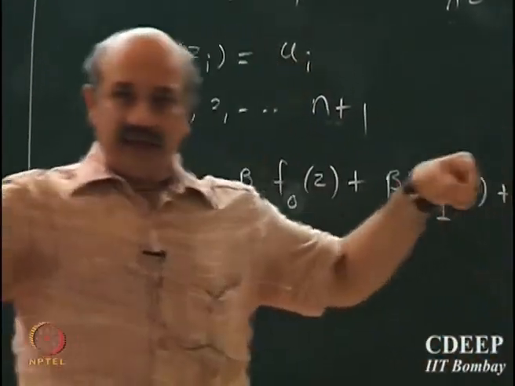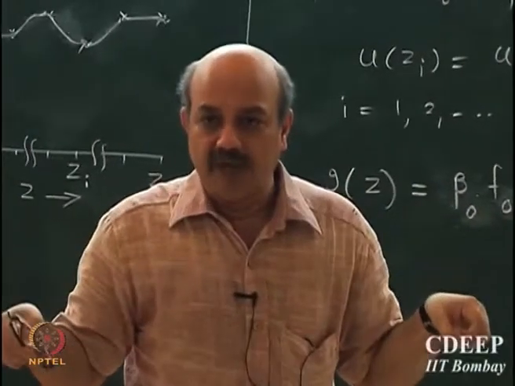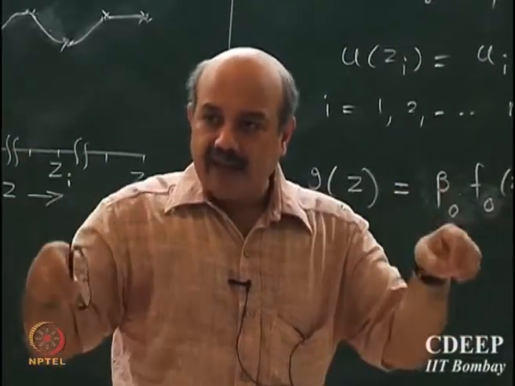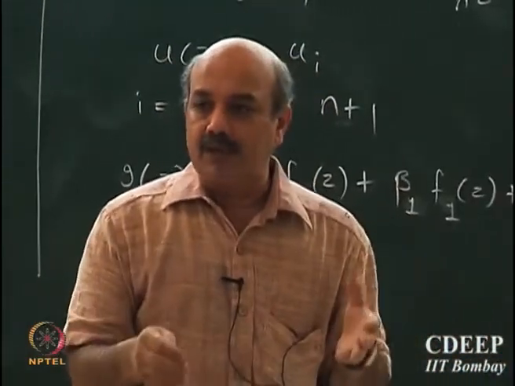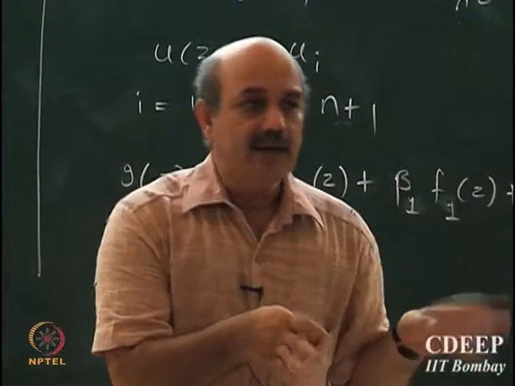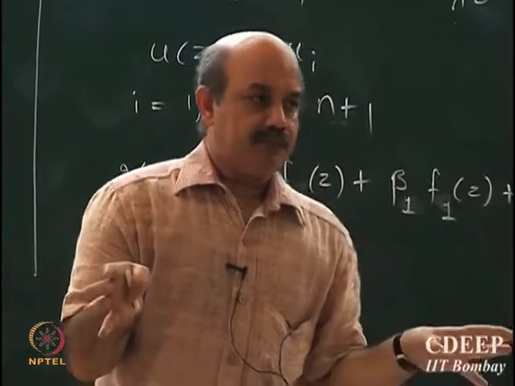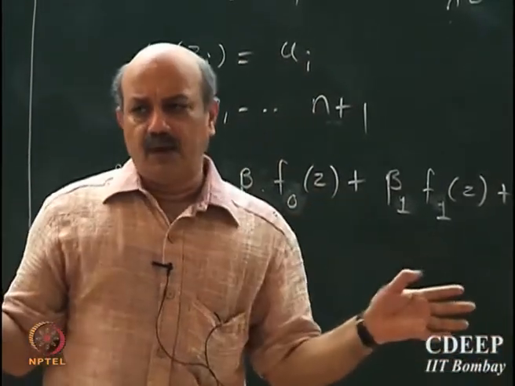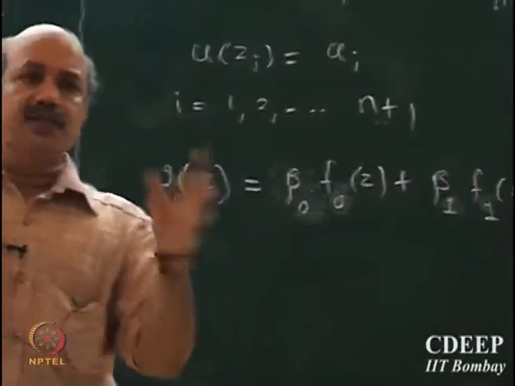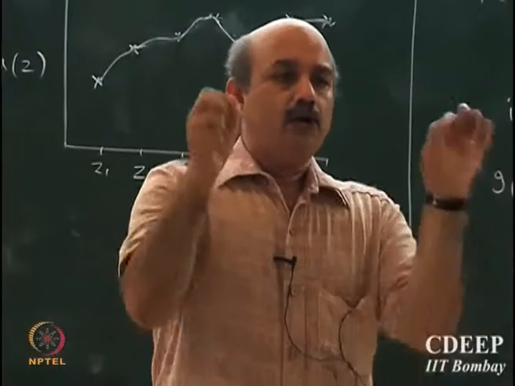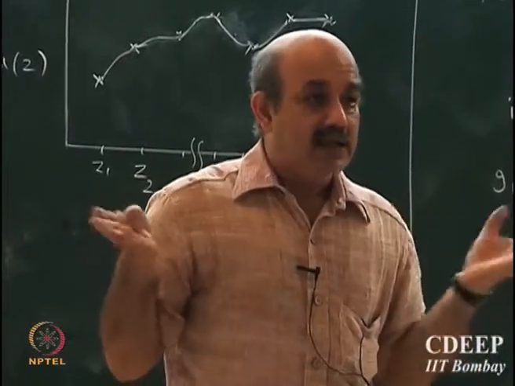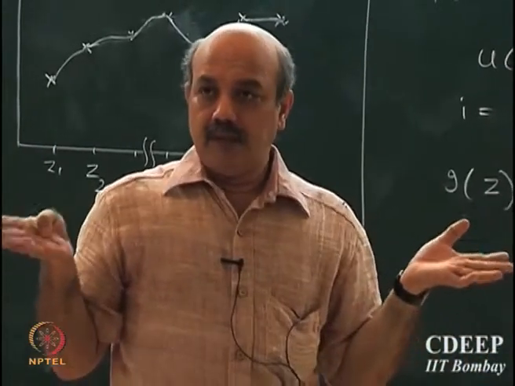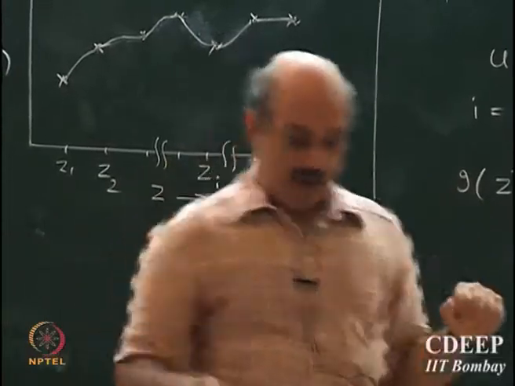We divided the entire domain into a number of grid points, and at a particular grid point, the ith grid point, we had a way of constructing a local approximation of the first derivative and second derivative. The same thing is going to be done here. I am going to use this interpolating polynomial to construct approximations of the local derivatives at the grid points.